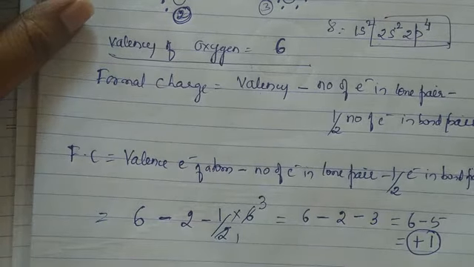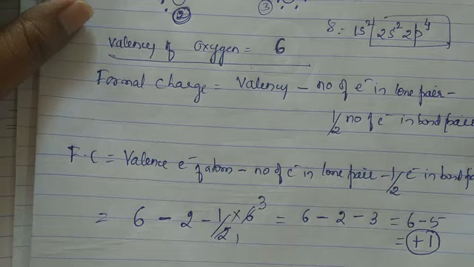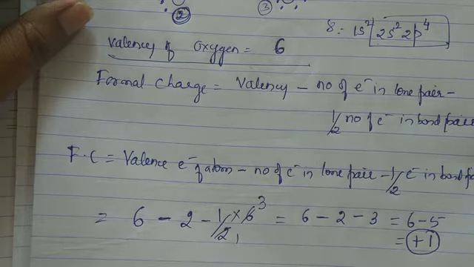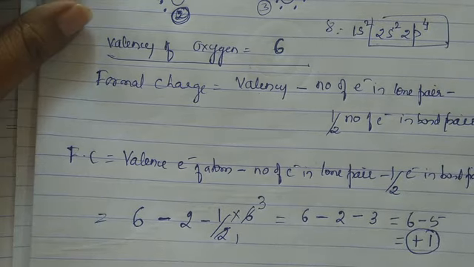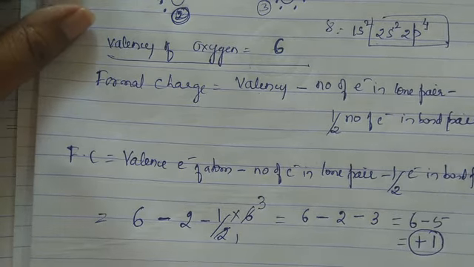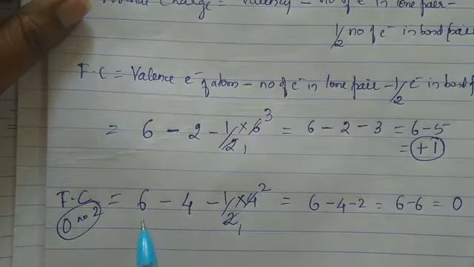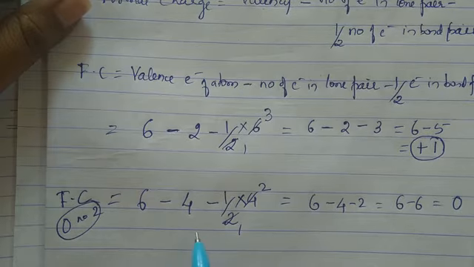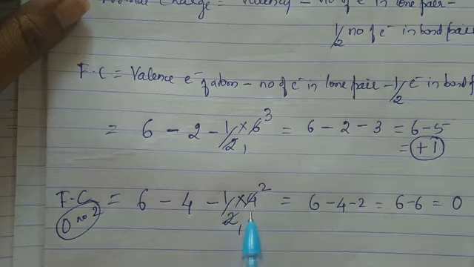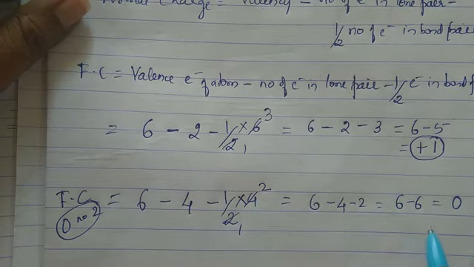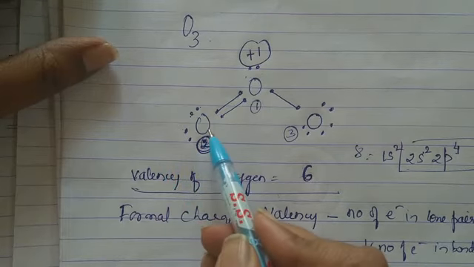So half into 4, which is 2. It will be 6 minus 4 minus 2, that is 6 minus 6, which is equal to 0. So the total valence electrons is 6, minus the number of electrons in the lone pair, 4, minus half of the number of electrons in the bond pair, that is 4. So you get the answer as 6 minus 6, equal to 0. So what is the formal charge on the second oxygen atom? It is 0. It does not carry any charge.